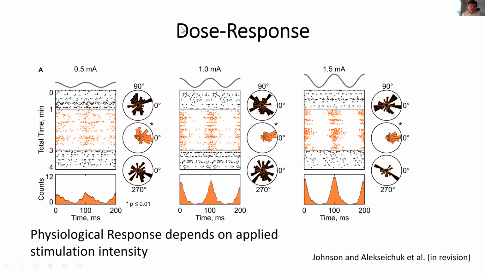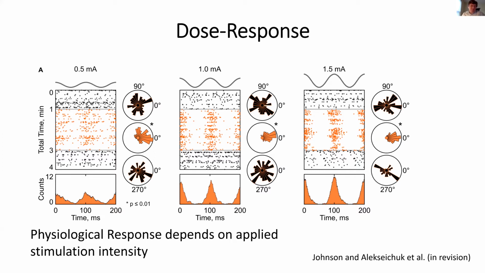Then, a second very important issue where I think modeling can help is dosing, basically determining the electric field strength, but not only the strength, also the orientation and all other things related to dose. So why is that important?